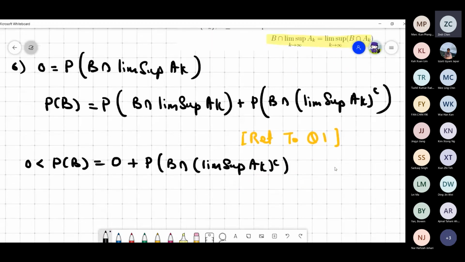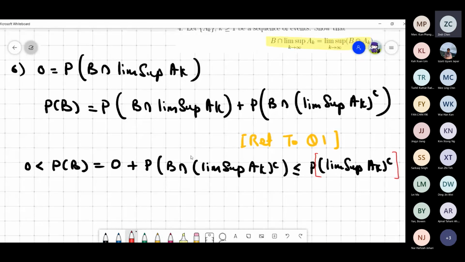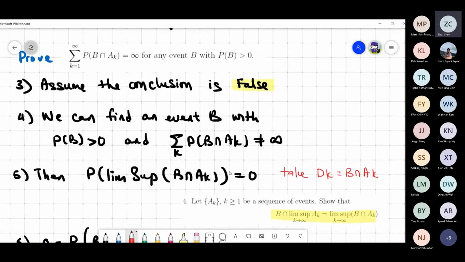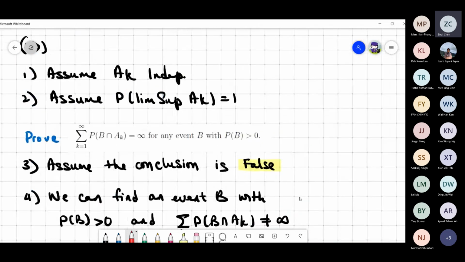Okay. And this one is less than, how should I say it? Okay, maybe I could simply say this part must always be less than or equal to P of the complement of lim sup of AK. But according to our part here, we assume this is equal to 1.